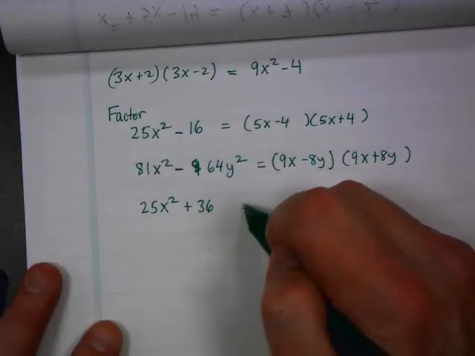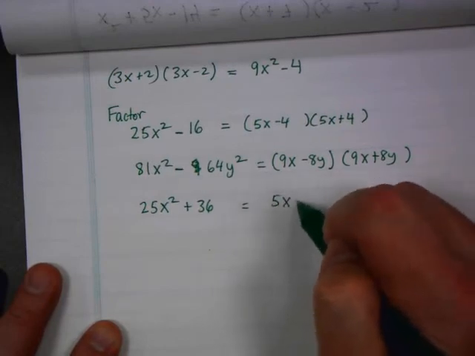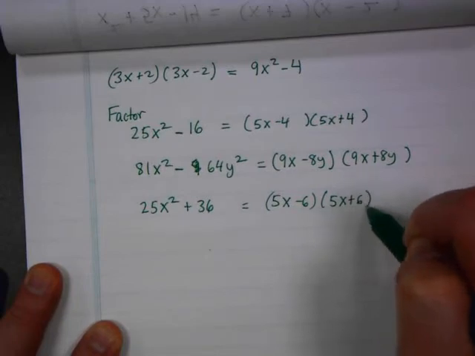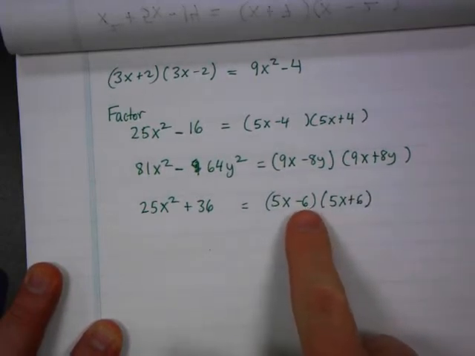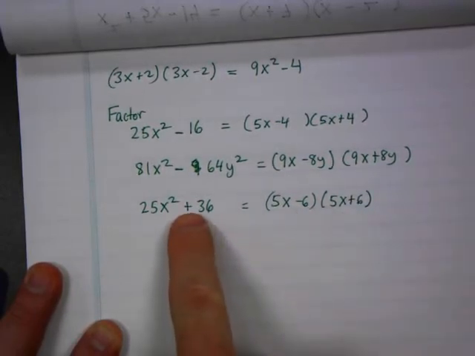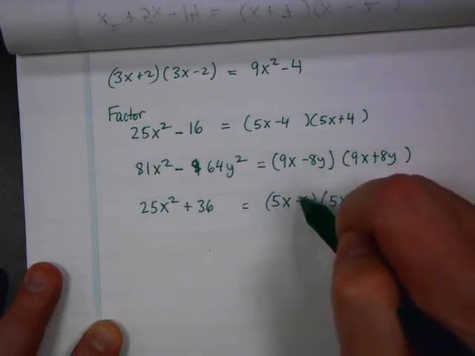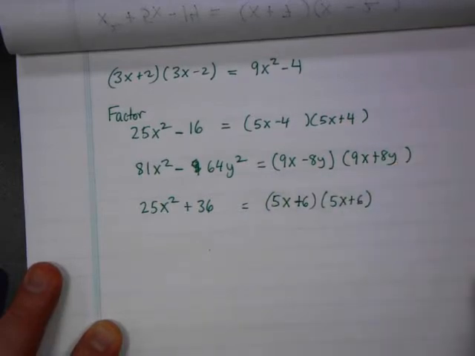That's close, but that's not the right answer, because a minus 6 and a positive 6 is going to give me a negative 36. So that's not the right answer. What about 5x plus 6 and 5x plus 6? That's not the right answer either.